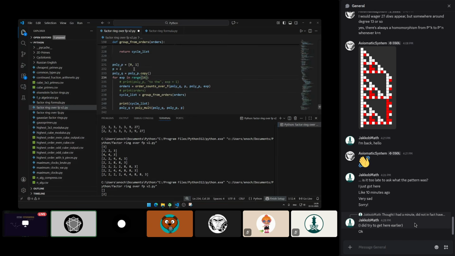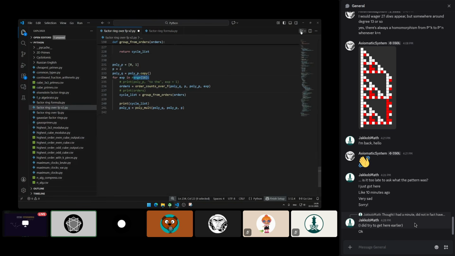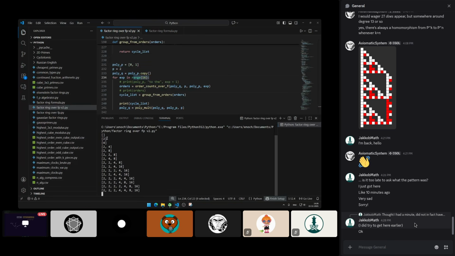The simplest case is the field of order 2. We're using 0 plus x as the polynomial, and we're going to take a bunch of powers of it. First we get a 1 cycle, then a 2 cycle, then a 4 cycle, and then the product of a 2 and a 4, and then a 2 and an 8, and a 2 and a 2 and an 8, and so forth.